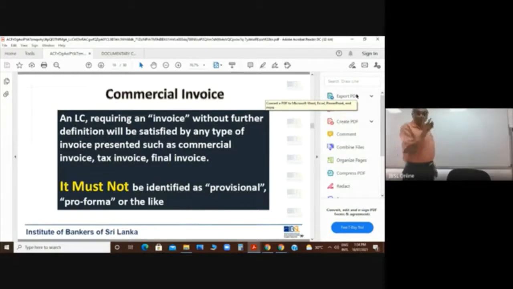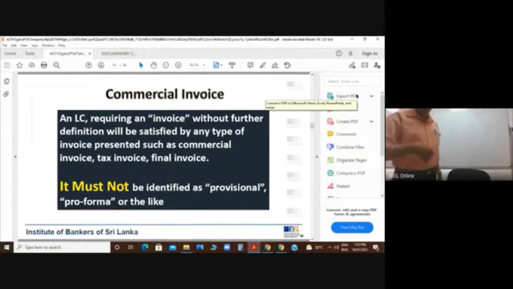The commercial invoice is the full invoice which has been completed by the exporter or the seller, with the details of what has actually shipped. The pro forma is an estimate; this is the actual shipment.